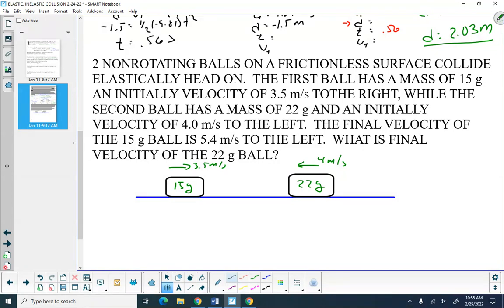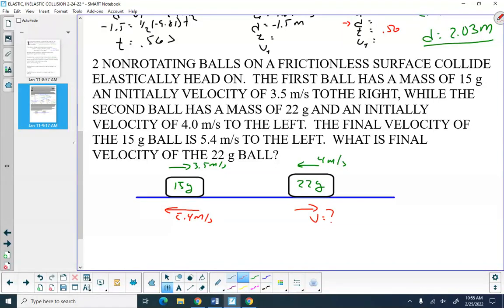After the collision, the final velocity of the 15-gram ball is 5.4 meters per second back to the left. We want to know the velocity of the other object, because if they collide elastically, they're going to bounce backwards in different directions.